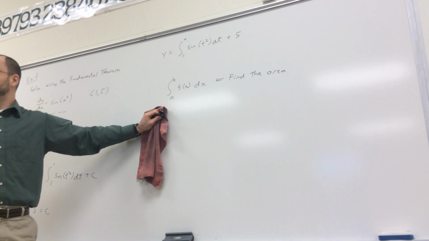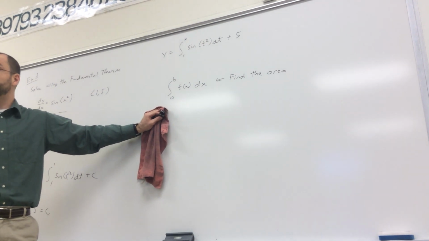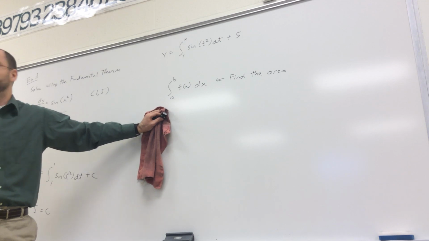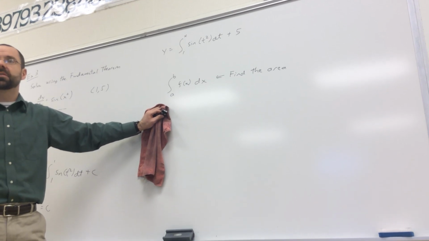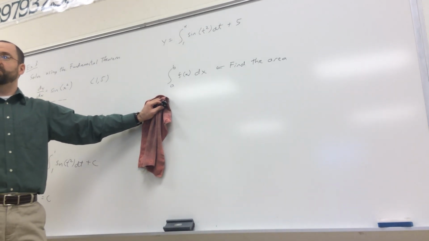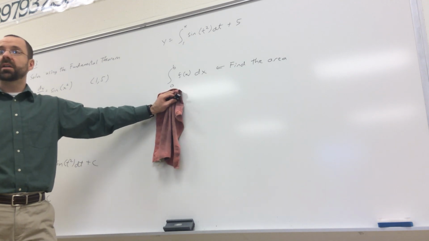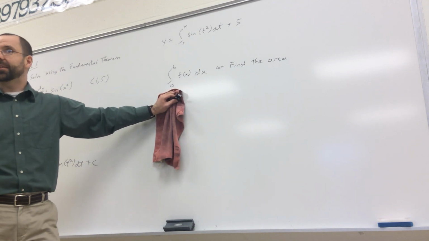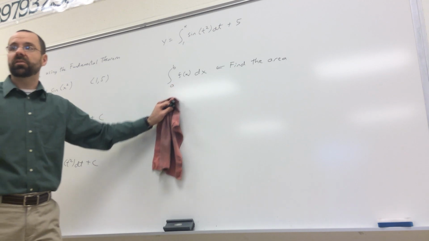And when you find the area, you're going to get a number for your answer, like maybe the area is 7, or maybe the area is 28. So since you get a solid number as your answer, you get a definite answer, this is called a definite integral.